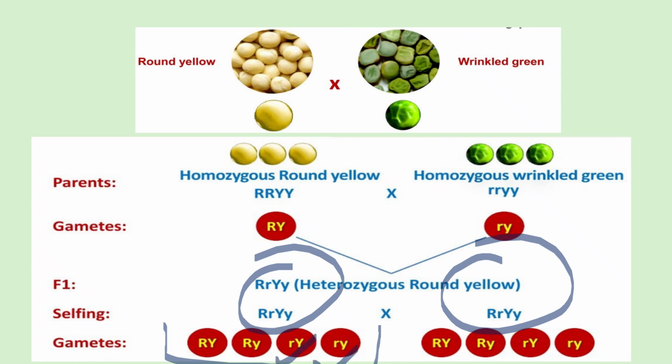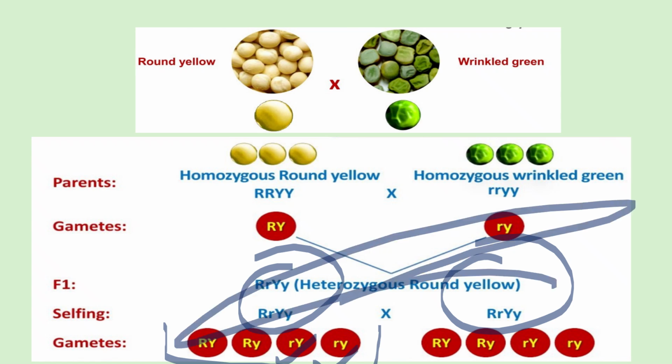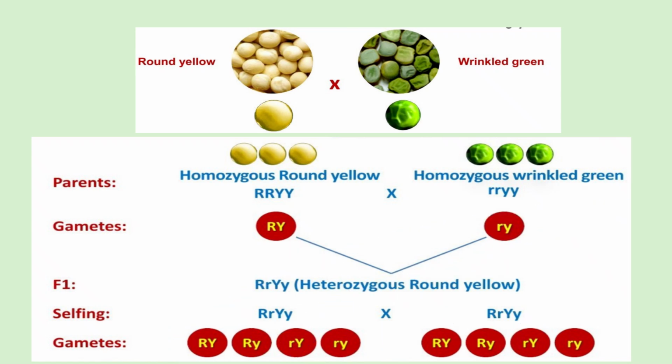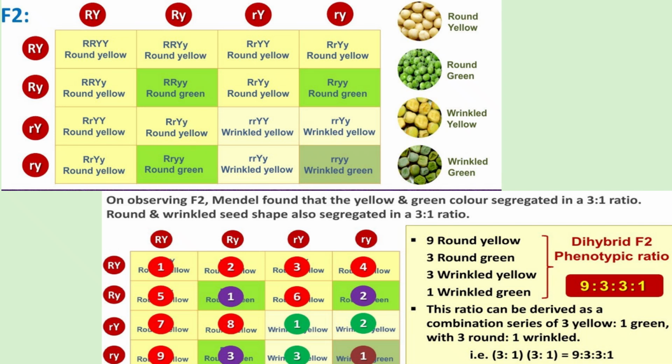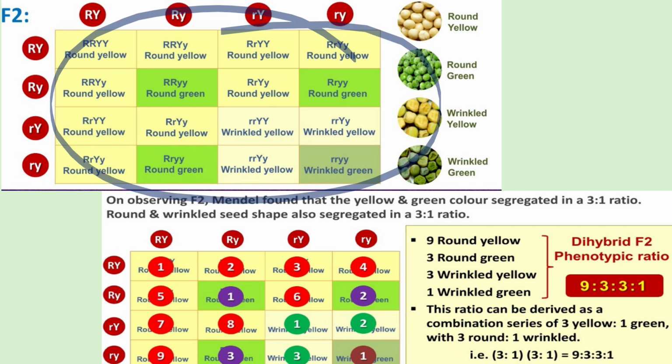So when these are crossed among themselves, you get a Punnett square somewhat like this. And when you check it, you will be able to see four different combinations: round and yellow 9, round and green 3, wrinkled and yellow 3, wrinkled and green 1.